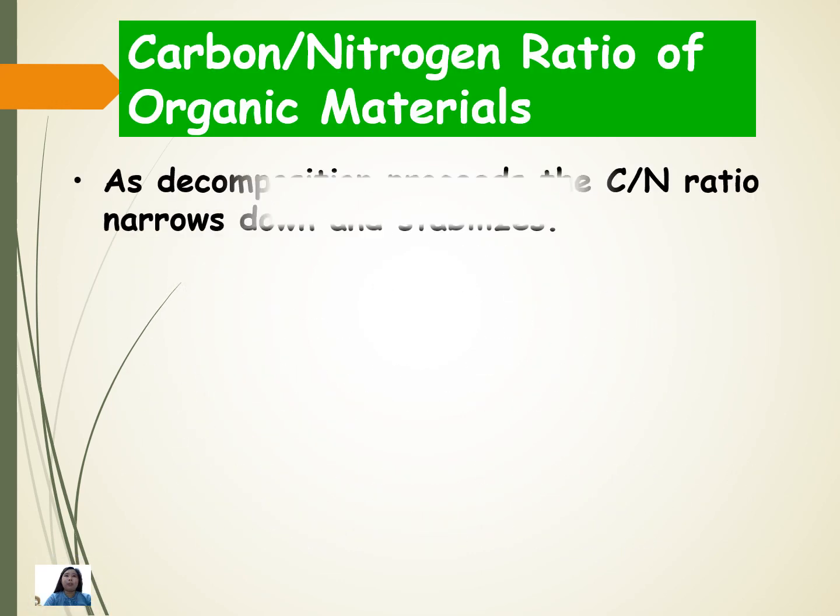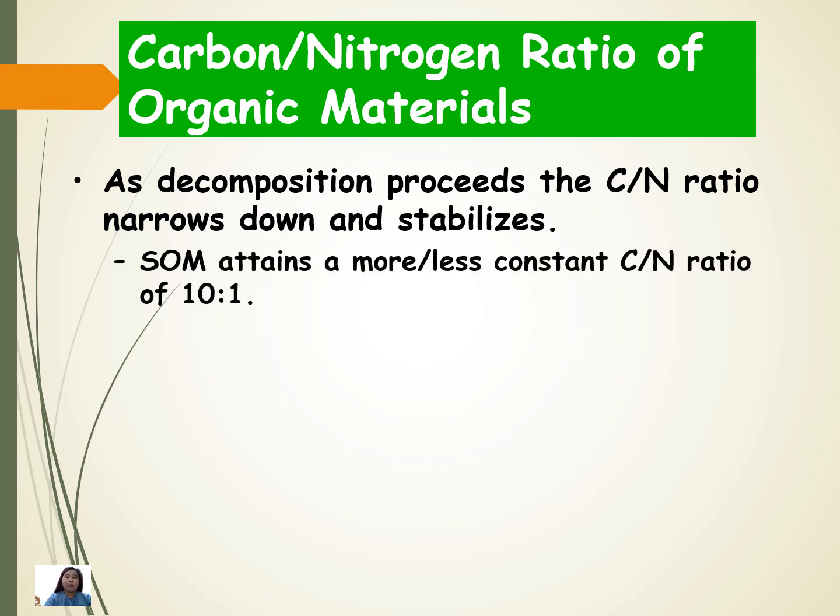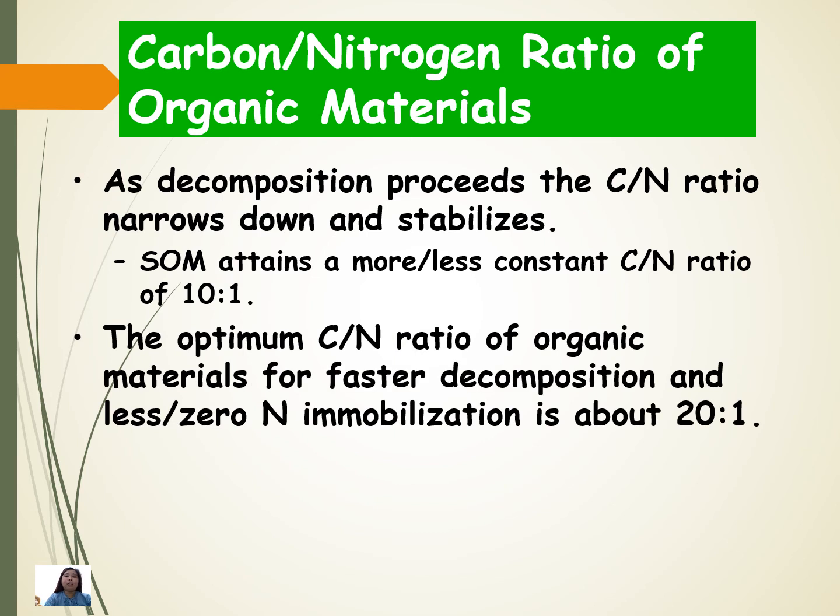As decomposition proceeds, the carbon to nitrogen ratio narrows down and stabilizes. So organic matter attains a more or less constant carbon to nitrogen ratio of 10 is to 1. The optimum carbon to nitrogen ratio of organic materials for faster decomposition and less or zero N immobilization is about 20 is to 1.